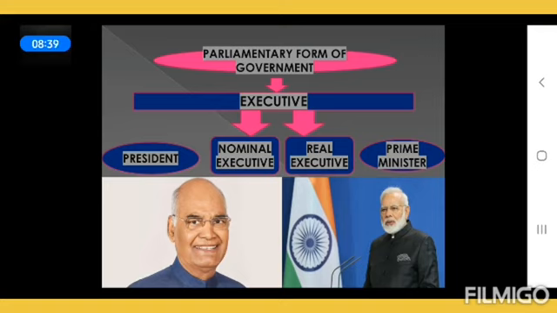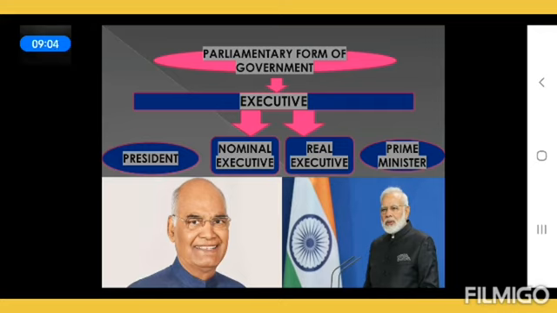Whereas the real executive is the head of the government, who is responsible and accountable to the parliament and the country as a whole. I hope it's very, very clear, right?